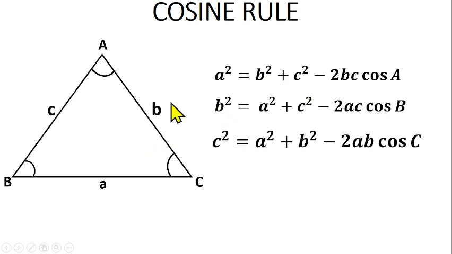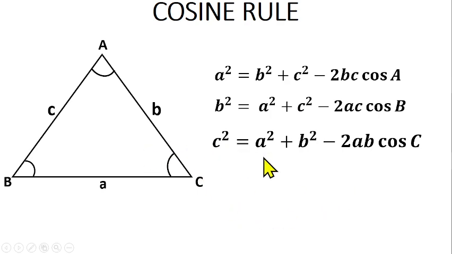Just like when we were dealing with the sine rule, for every question given to us we were able to formulate the sine rule to solve it. Also, anytime you are given a question and you are sure that you are going to use the cosine rule, you should be able to formulate the cosine rule to solve that particular question.